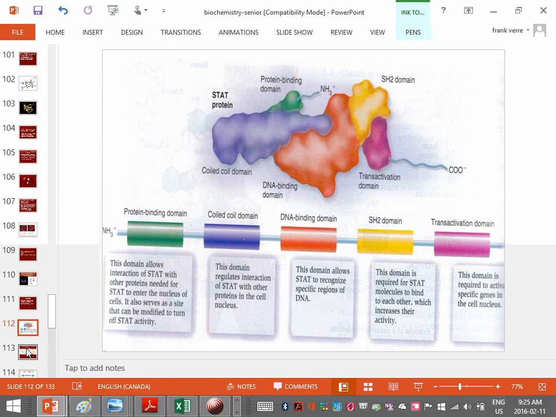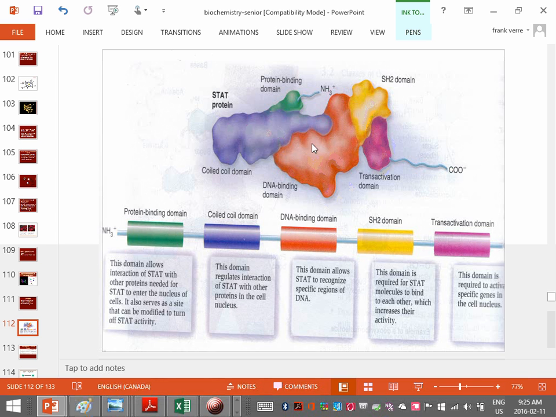So here's a protein called STAT, okay? And this protein is color-coded. You can see I'm seeing some green up here. Here's some green. Here's some blue. Here's some red. Was that yellow? Was this purple? These different regions, these domains, have different functions, okay?